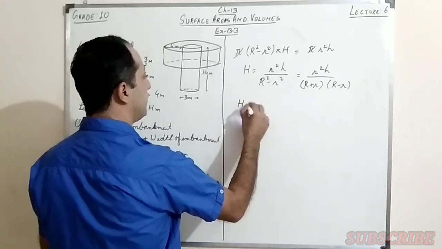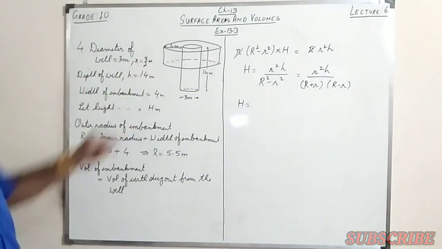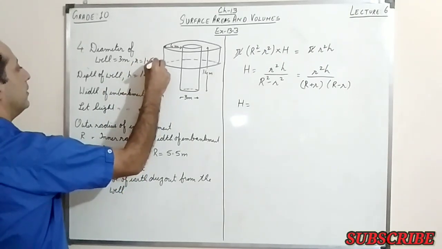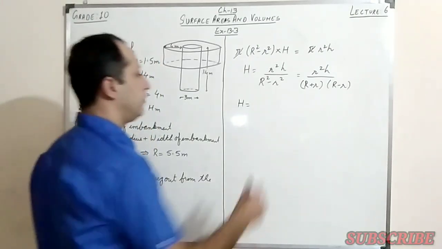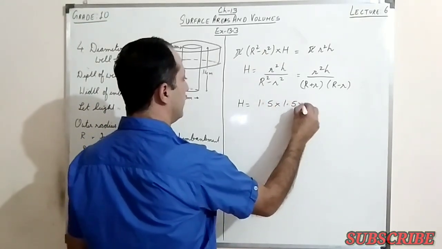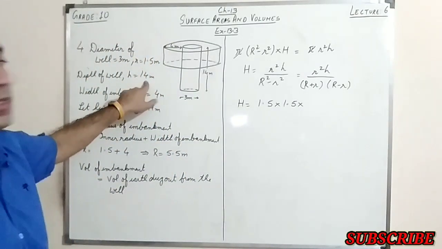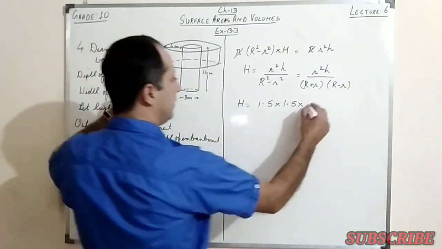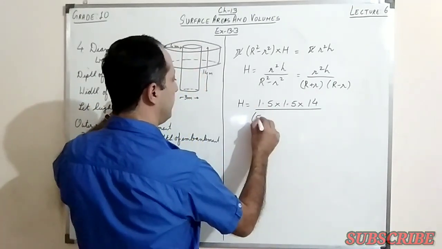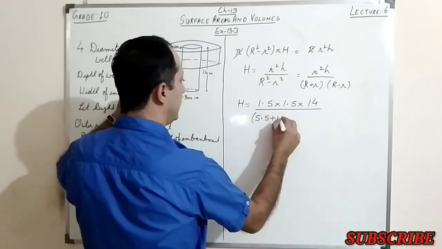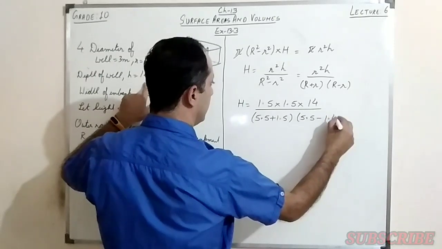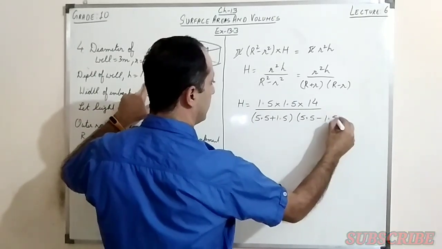So h is equal to, now small r is 3/2, I can write this as 1.5 meters, right? So this is 1.5 multiplied by 1.5 multiplied by the value of h, that is the depth of the well, is equal to 14. In the denominator, in the first bracket it will be 5.5 plus 1.5, in the second bracket 5.5 minus 1.5.